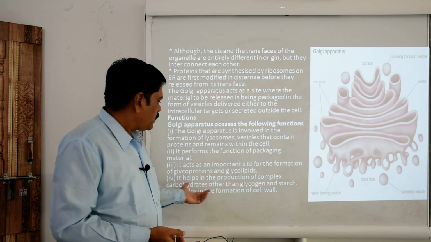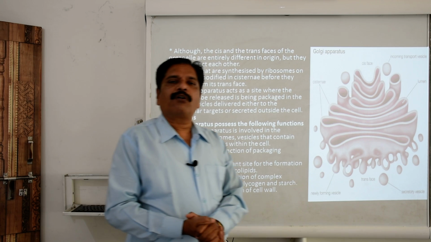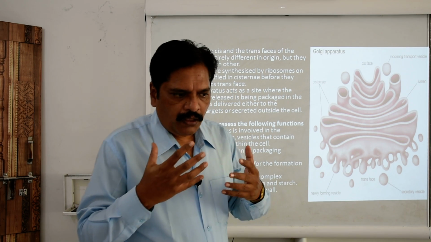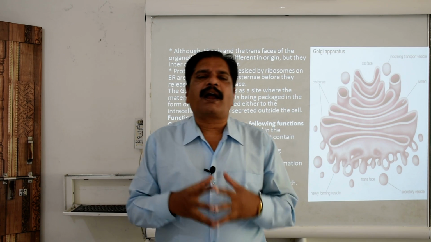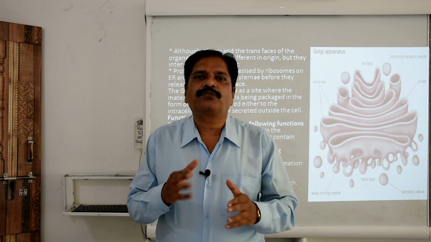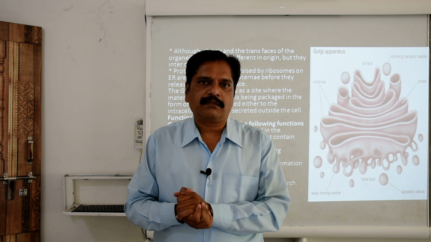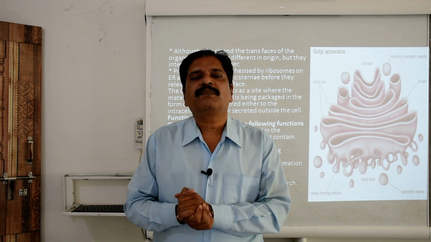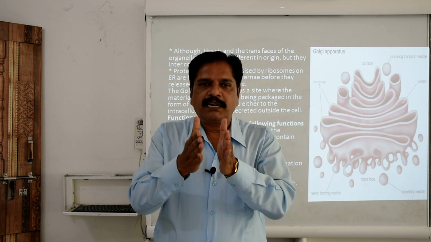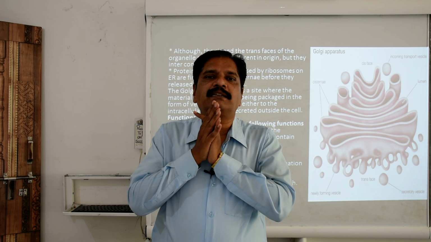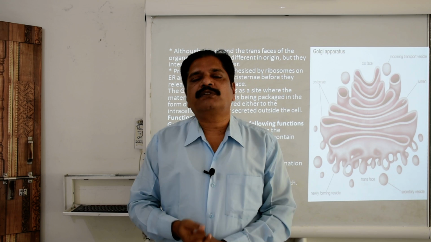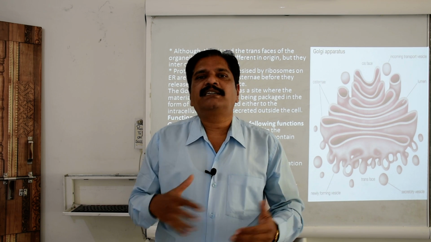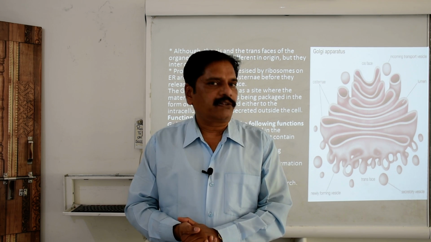And next, it also helps in the formation of the cell wall. As you know, during cytokinesis, when the plant cell is going to divide, what happens is that in the middle two parallelly arranged layers are formed, which are further deposited with the help of chitin, pectin, lignin, and so on.